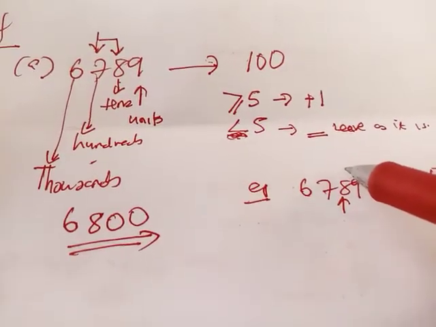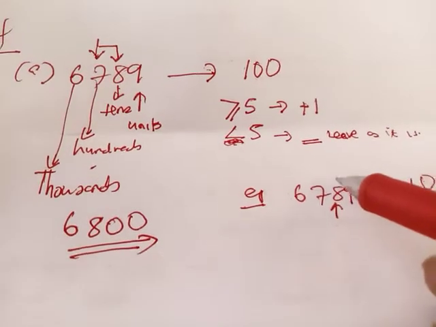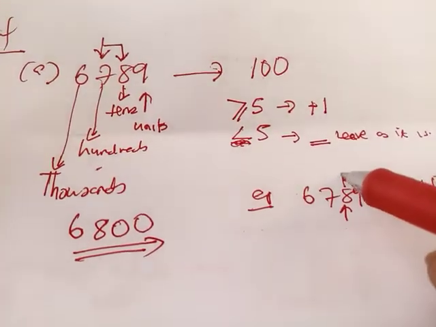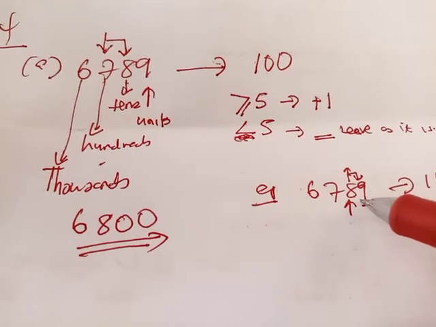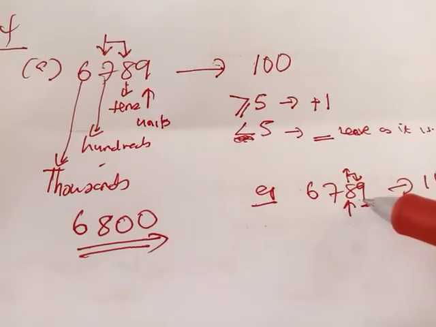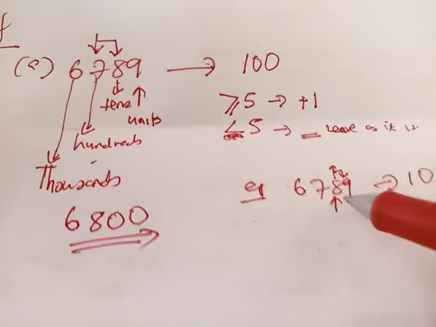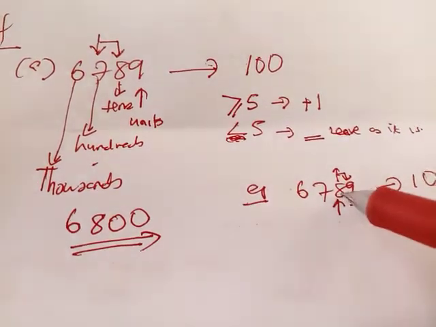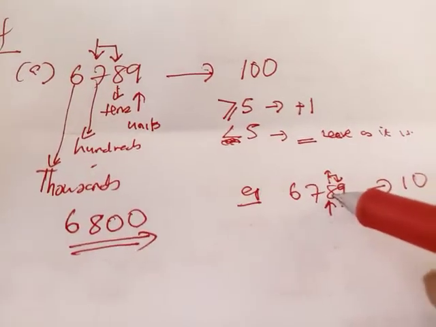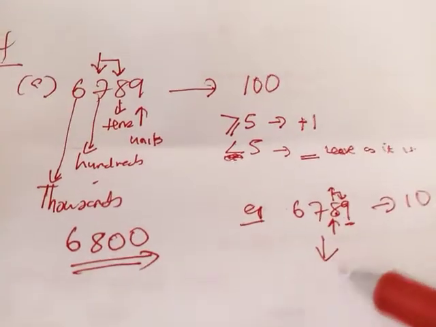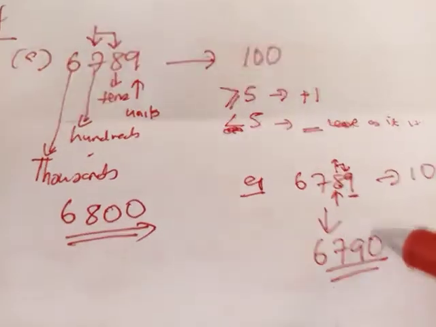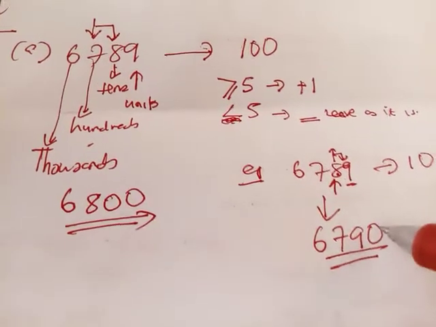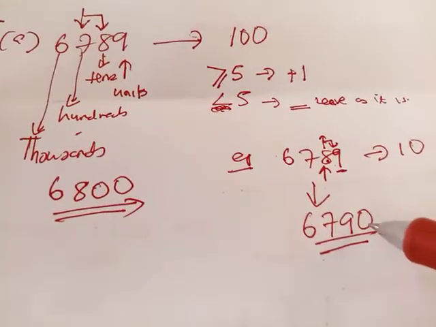So we have 8. So quickly, what do we do? We consider the number after 8 there. And it's 9. Again, 9 is greater than 5. So we carry 1. We increase 8 by 1. And the answer becomes 6,790. Remember, we do not discard the position. We must keep the position with a 0 or a note.